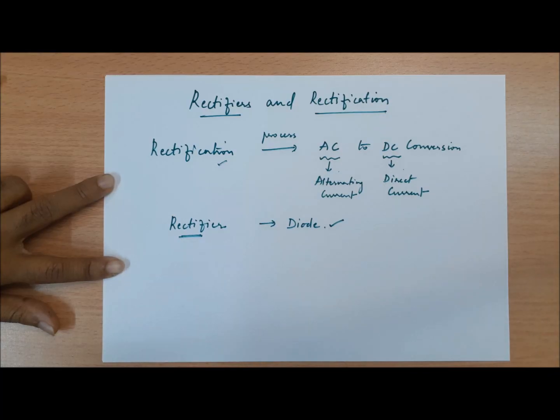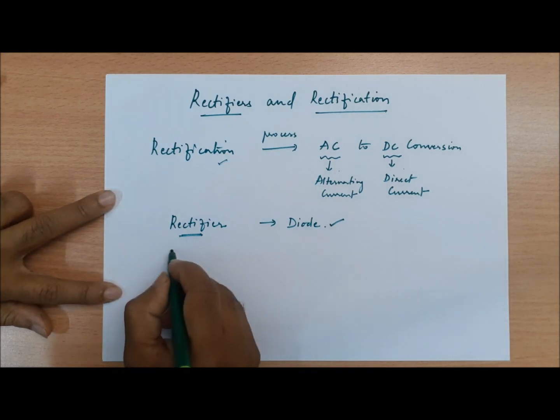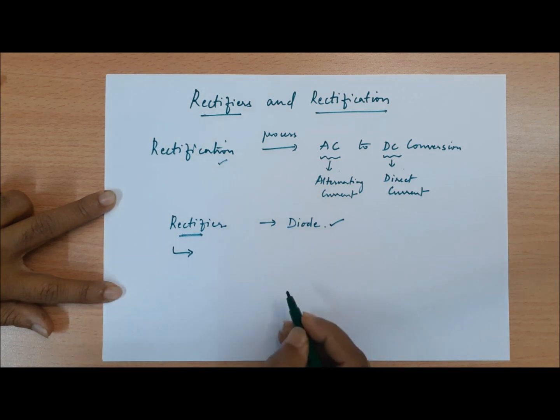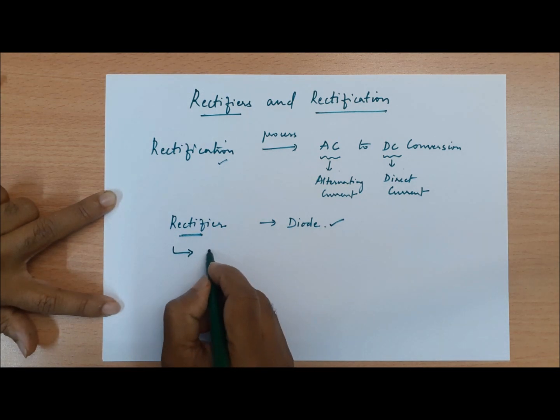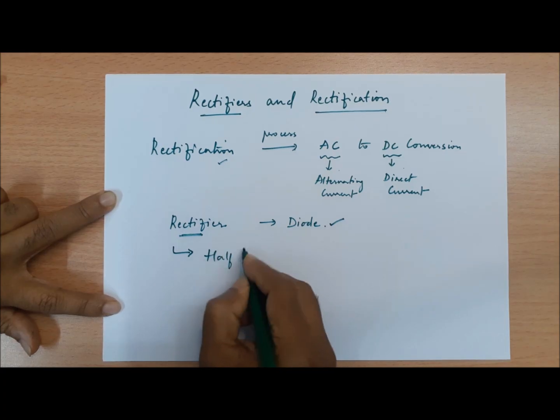Well, we will try to understand the working of a rectifier circuit. Okay, so to start with, how many types of rectifier circuits are there? Well, the first and the foremost simplest type of rectifier is a half wave rectifier circuit.